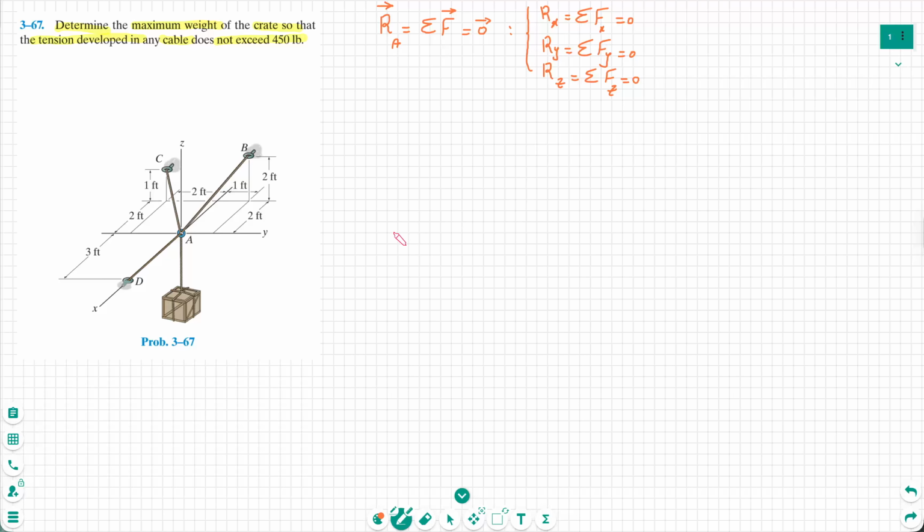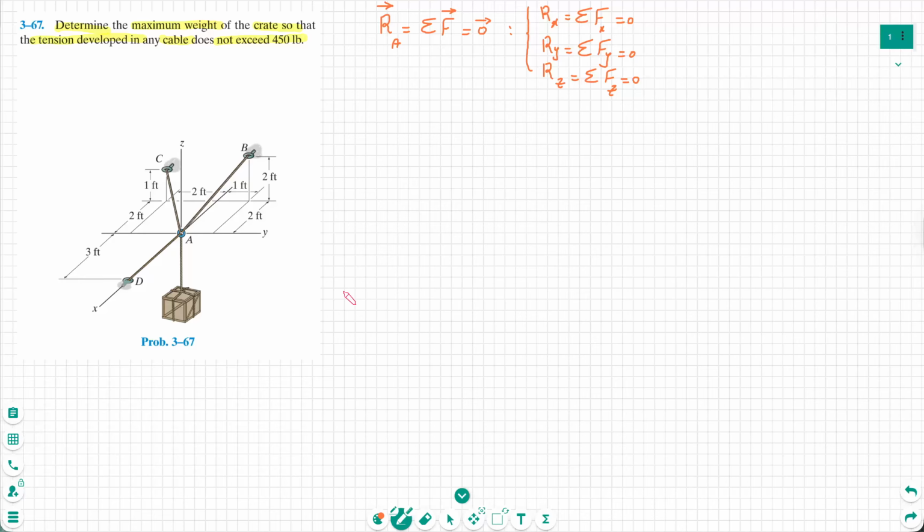Okay, so as you see, we have three equations, and it makes sense. Why? Because we have three cables, or three unknowns, that I need to determine.